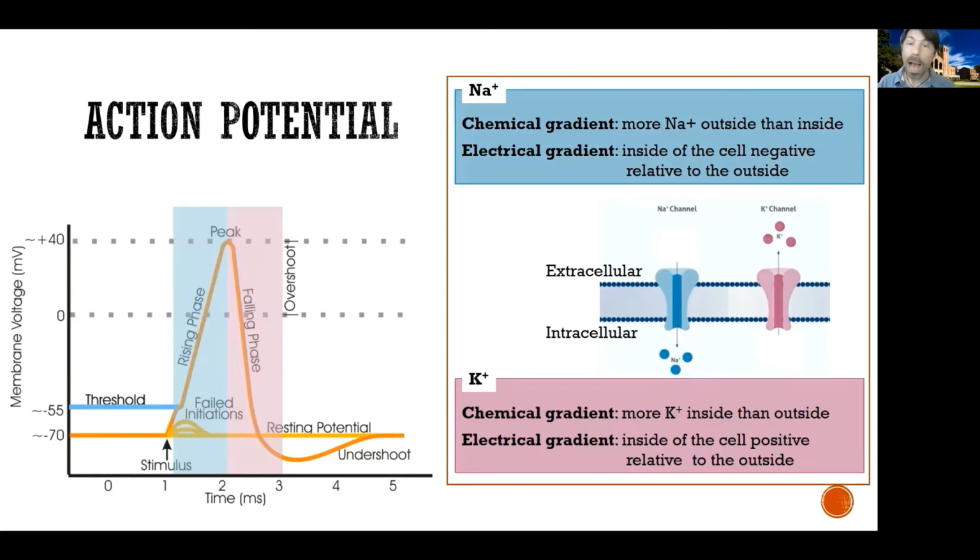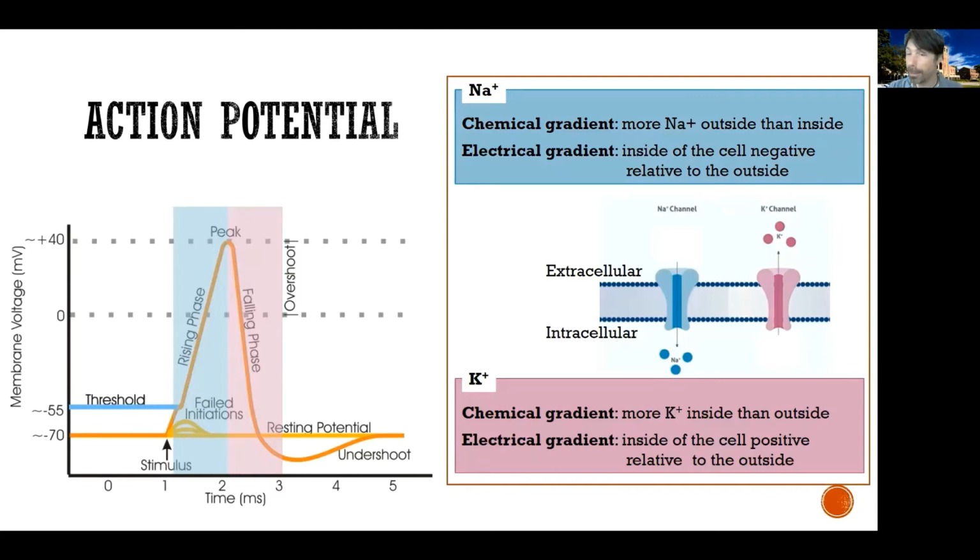And as potassium flows out, what happens to the membrane voltage? Well, the membrane voltage goes back to being a little bit more negative. Right? As potassium leaves, so as positive charges leave the inside of the cell, it goes back to being more negative, the inside with respect to the outside.